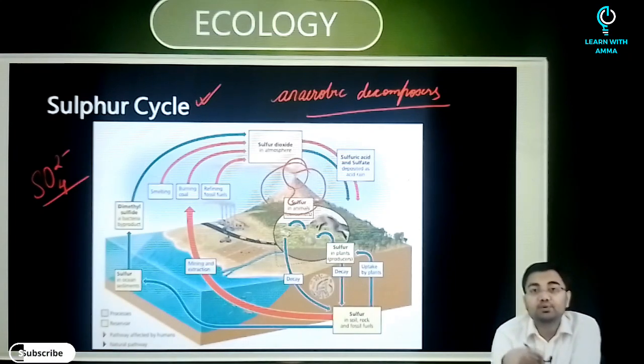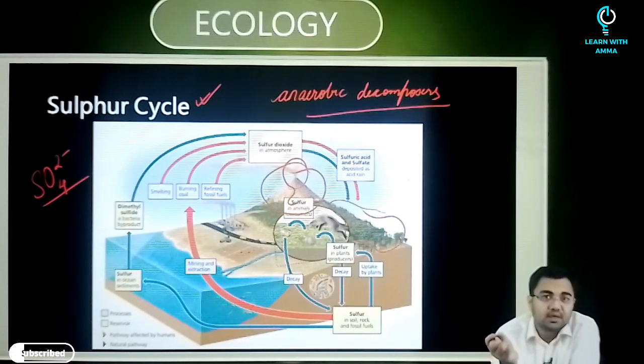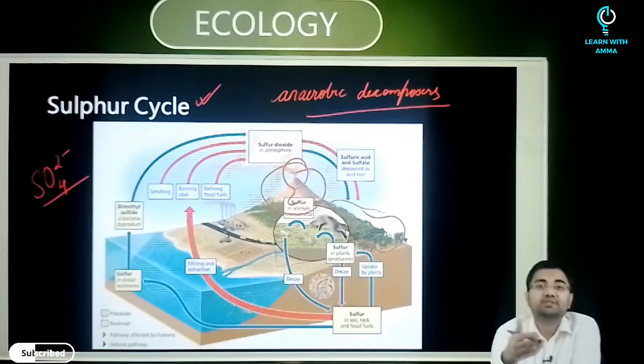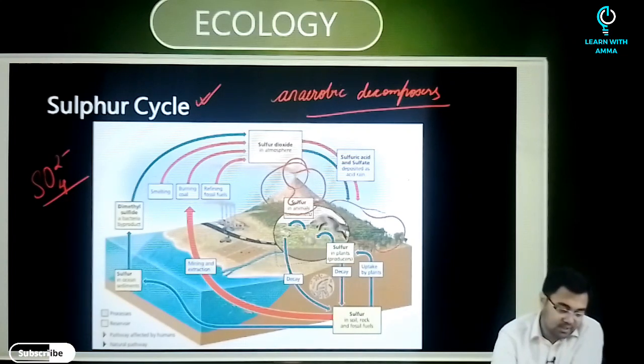Even plant roots absorb sulfate ions, and this makes it a very important part of many of the proteins. Now in an oxygen deficient environment of, let's say, flooded soils or freshwater wetlands, specialized bacteria convert the sulfate ions into sulfide ions. What are sulfide ions?